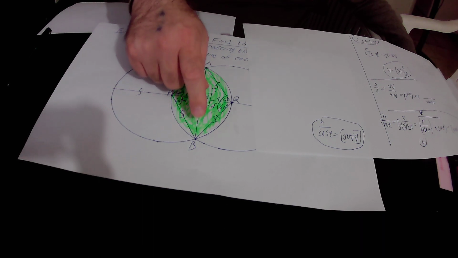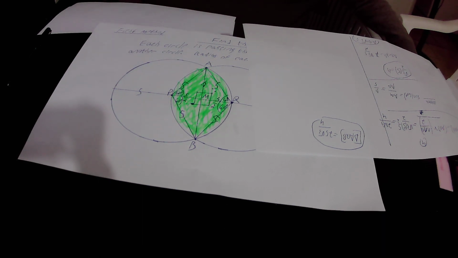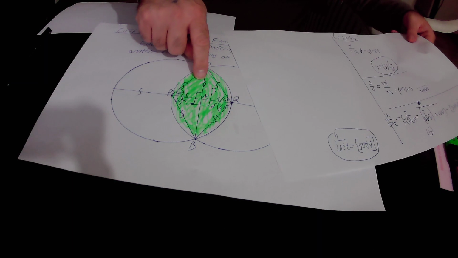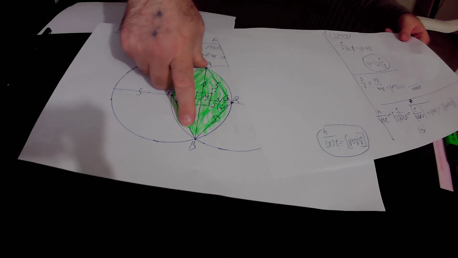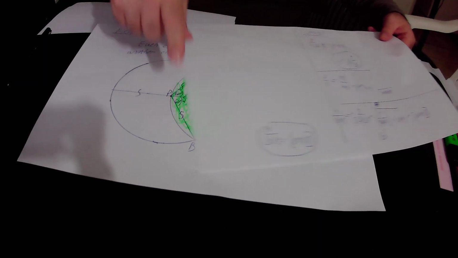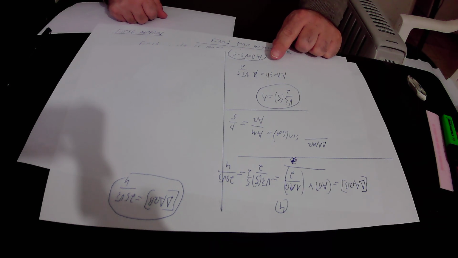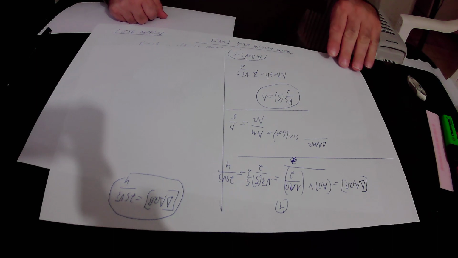Therefore, AM equals MB, so we can multiply h by 2 in order to get the length of AB. So we multiplied h by 2, and we got that AB equals square root of 3 times 5.